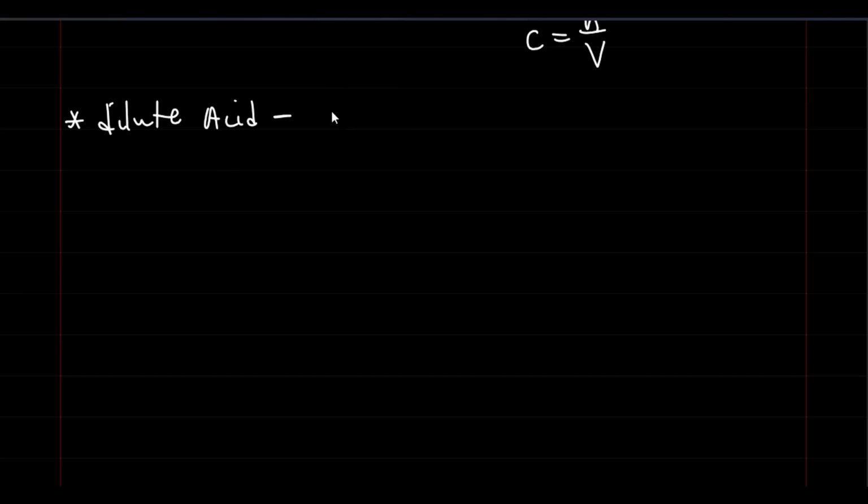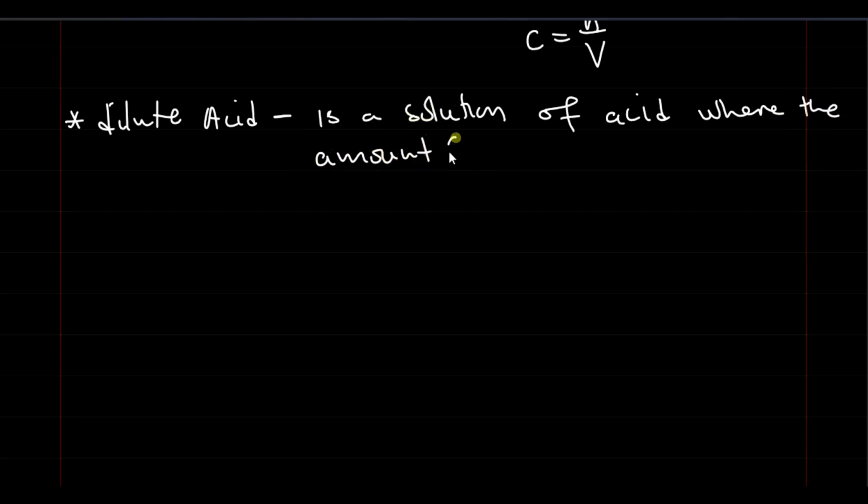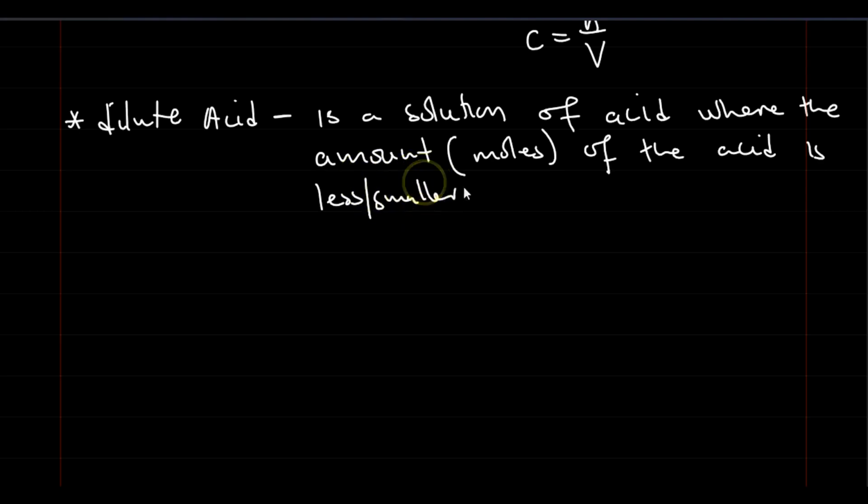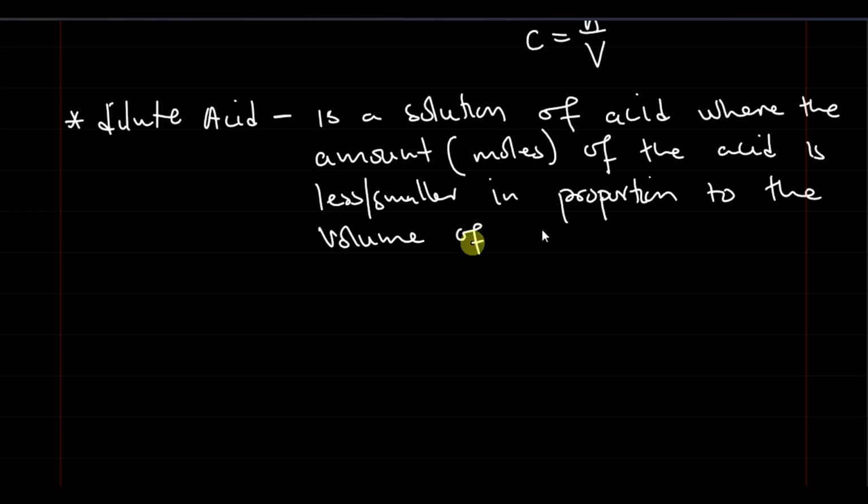So now, a dilute acid is a solution of acid where the amount, or moles, of the acid is less or smaller in proportion to the volume of water.